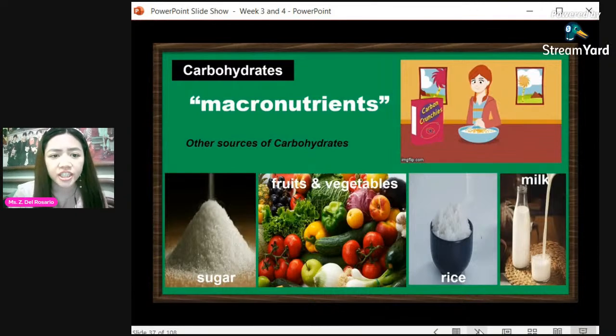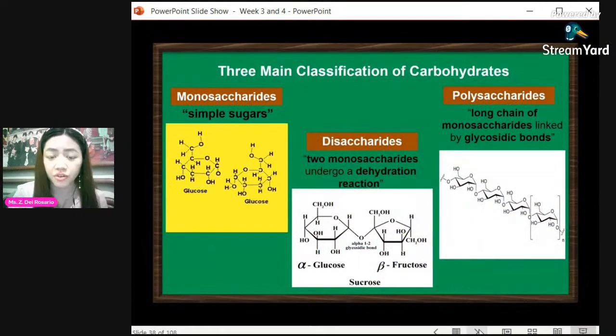Initially, there are three main classifications of carbohydrates, and those would be monosaccharides, disaccharides, and polysaccharides. When we say monosaccharides, it literally means one sugar. Why? Mono means one and saccharide means sugar or sweet.